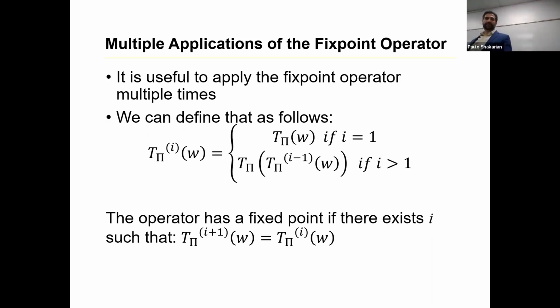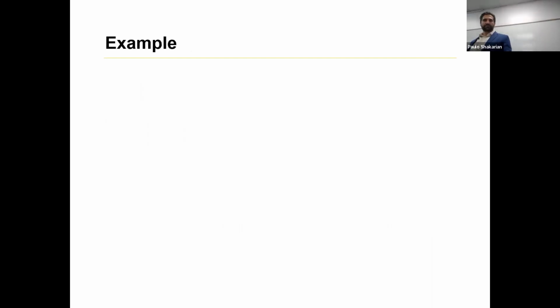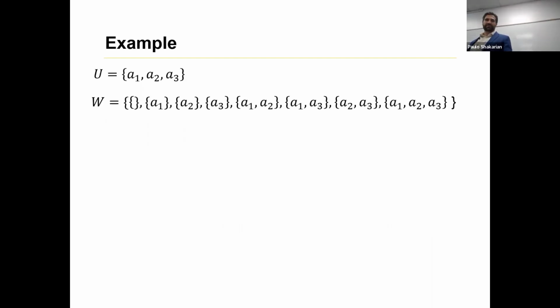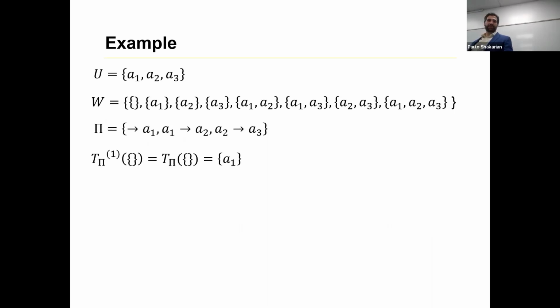Now, let's look at a quick example. So here's our universe, here's our worlds, here's our program. One application of the fixed point operator, as we saw, just gives us A1. And here, I've even written out all the T's.